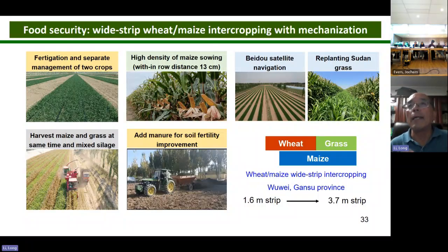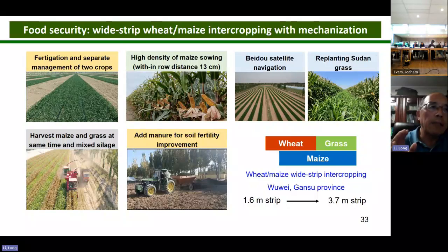Also replanting some forage like Sudan grass. We harvest the maize and the grass at the same time and mix them as silage, but the grain of maize is first harvested by a big machine. We also added some manure for soil fertility improvement.